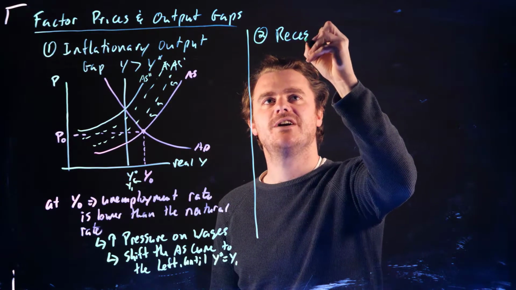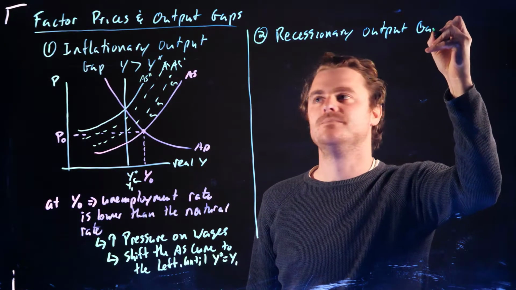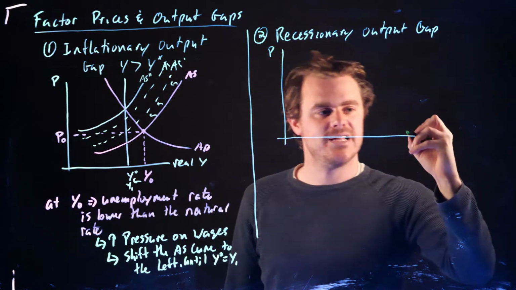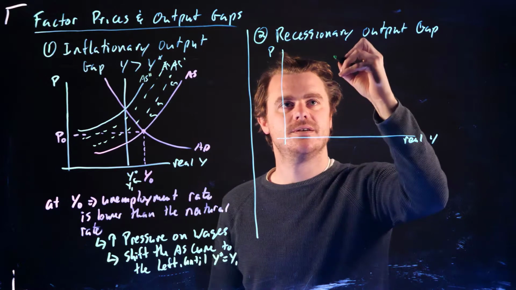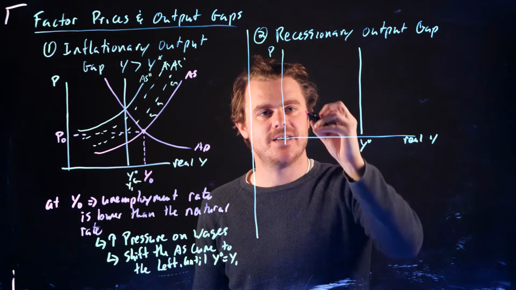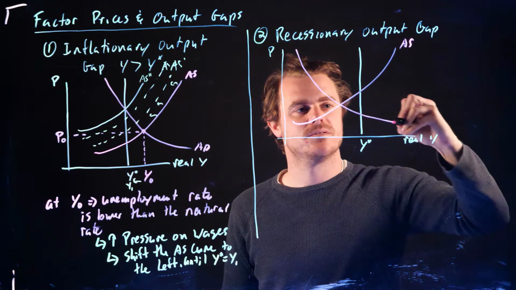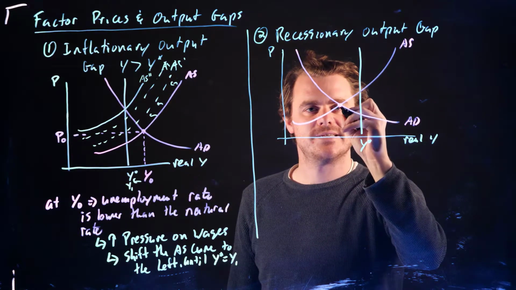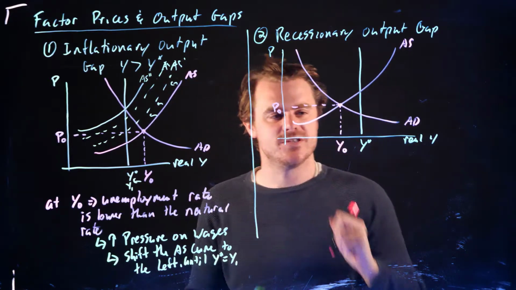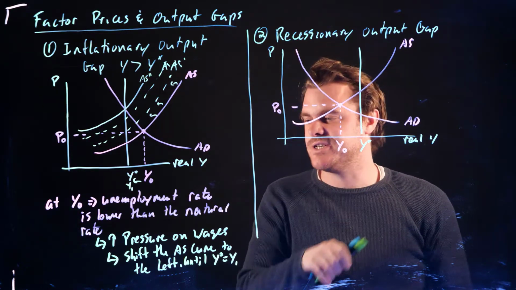You can think of a recessionary output gap. The price level, real Y, here's our Y star. It's recessionary, which means that this short run equilibrium, Y0 and P0, this Y0 is to the left of our potential, so that's why we have this recessionary output gap.